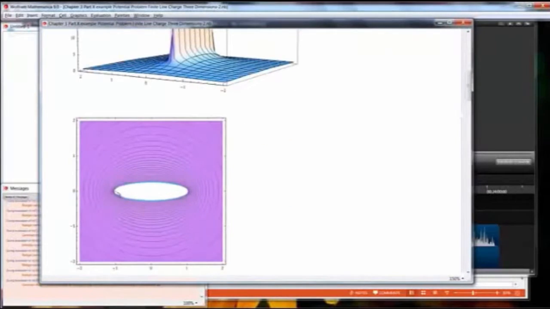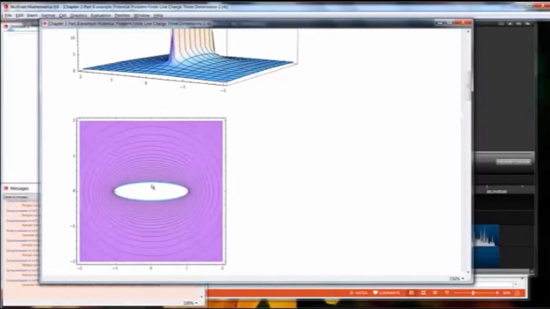So the line charge is between these 2 points here, like this, along the x-axis. This is the y-axis. And so as you look at the contours close to the line charge, they're ellipses. Because we've limited the height of the potential, we don't see any values here. But it would continue to climb steeper and steeper as it approaches the position of the line charge.